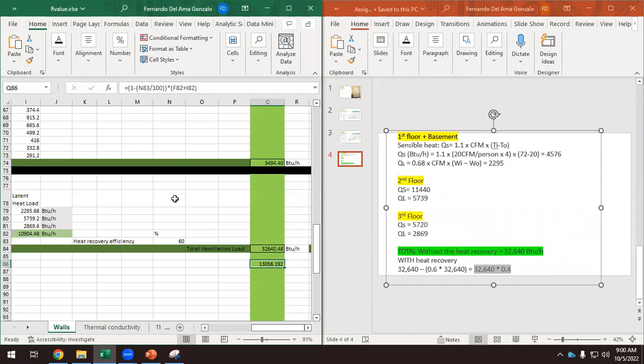So 40 is 1 minus 60. This is Excel, and this is what I'm doing. I'm recovering 60, so what I have to consume is 40. So 40 is 1 minus 60. So this is how Excel works.